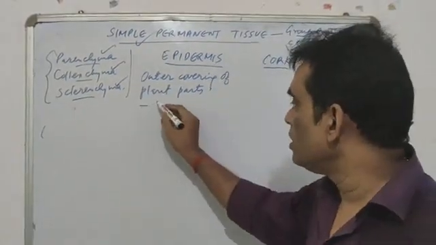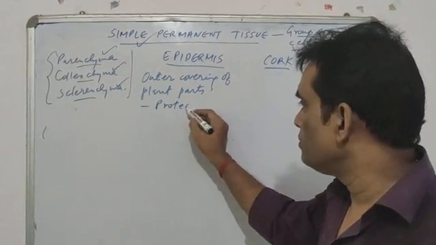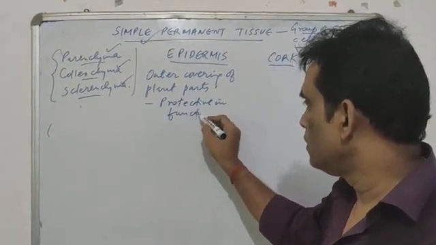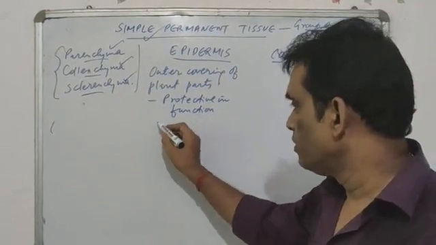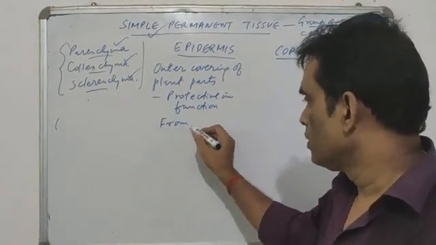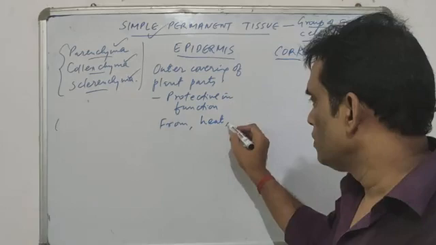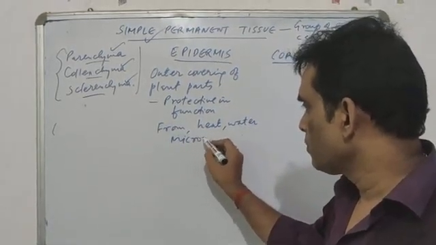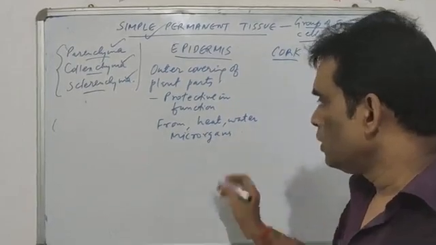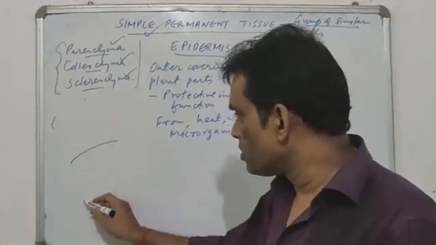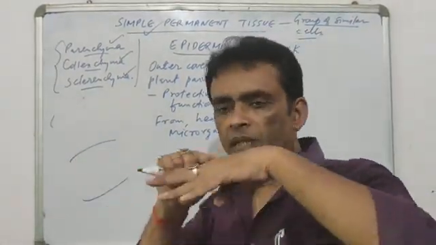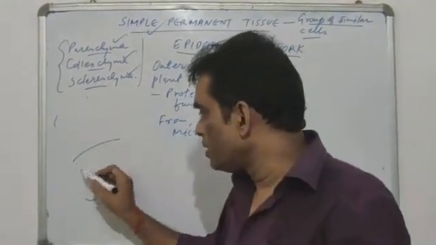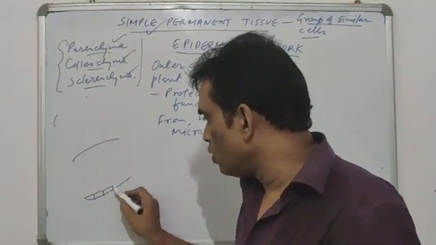They are basically protective in function, because they protect from heat, water, microorganisms. कोई भी plant part है, suppose this is a leaf, ऐसे बहुत पतला दिखता है, लेकिन microscope में देखेंगे तो thickness होगा. This is the upper part and the lower part.